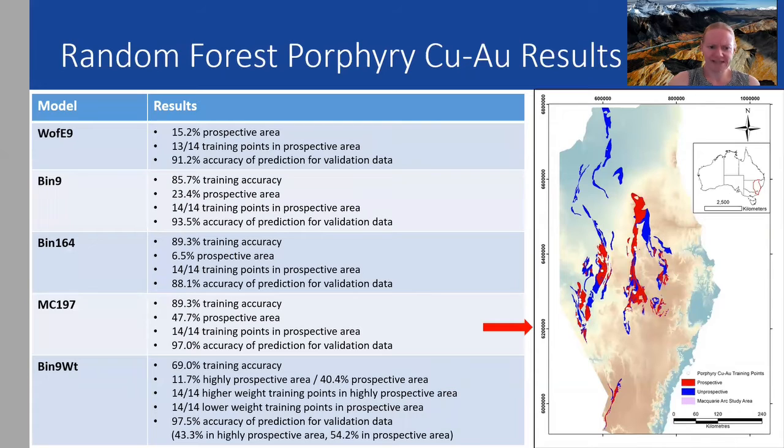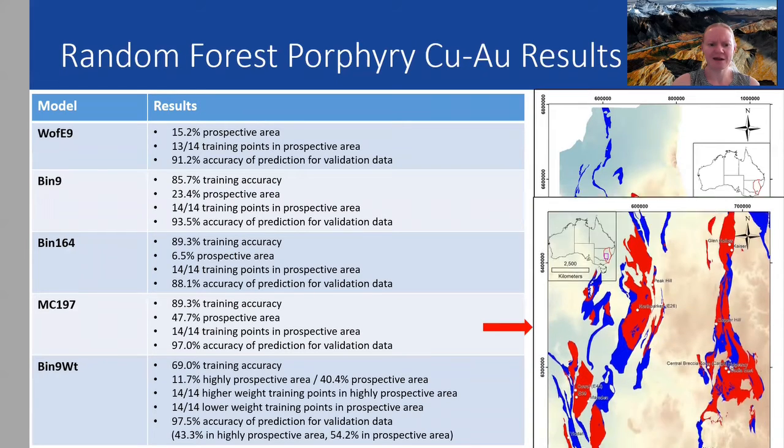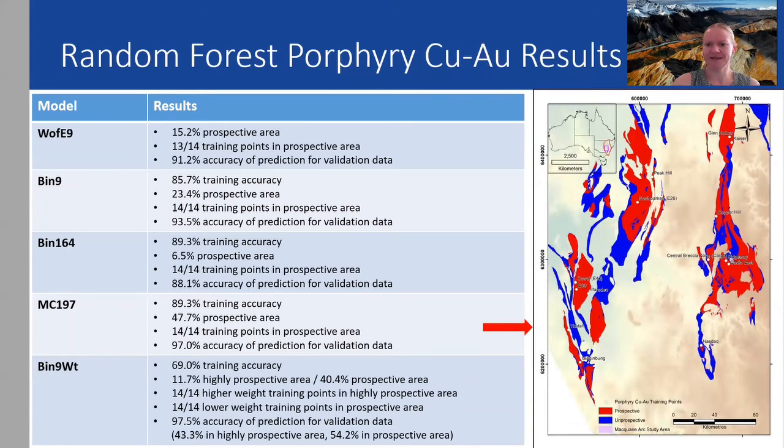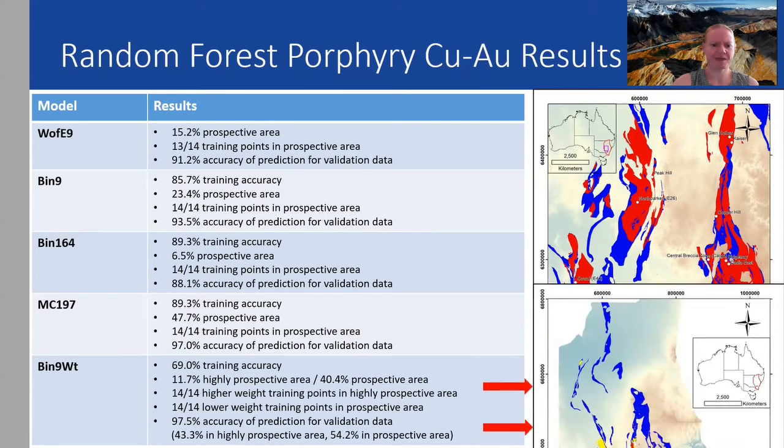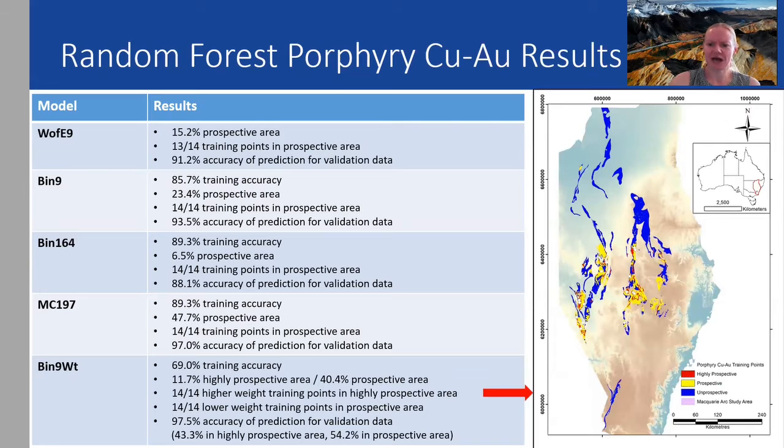The 197 map model is about 48% prospective area, so almost half of the Macquarie Arc is coming up as prospective, does find all of our training points, and a 97% accuracy of prediction for the validation points. And then again, zooming in, you can see here that about half the Macquarie Arc is coming up as prospective.